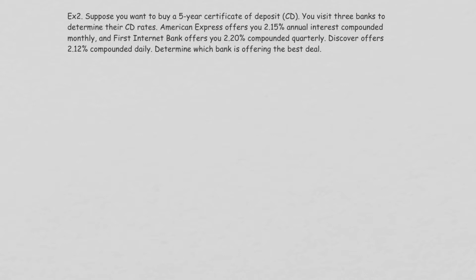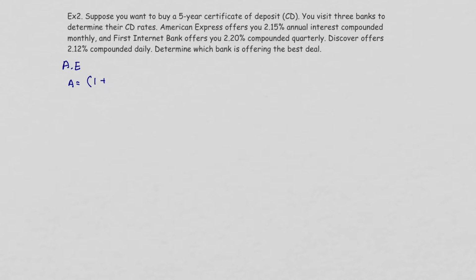So let me write this down. One with American Express. Before I write down 1 for American Express, I also wanted to show you the effective rate of interest, right?